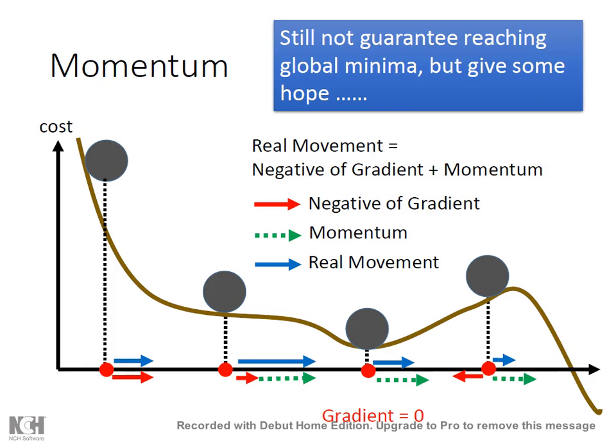Maybe you will be trapped here, but you still have the momentum. So you can use the momentum. Maybe you can have a trend to continue to climb the mountain, over the hill, to reach the global minimum. So by adding the momentum, you have more chance to find the global minimum.